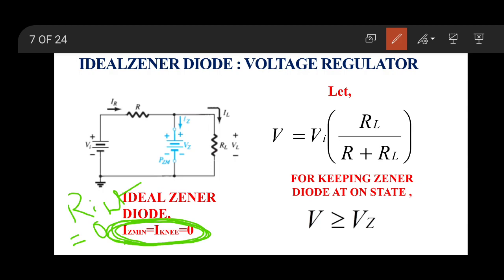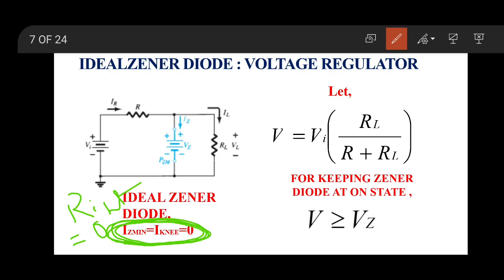In this case, if you have to find out whether the Zener diode is in on state or off state, this is the procedure. Please follow this. This is the basic principle for solving any problem. For an ideal Zener diode, I repeat, this is applicable only in the case where the knee current or minimum Zener current is 0. For this case only, this can be applied.